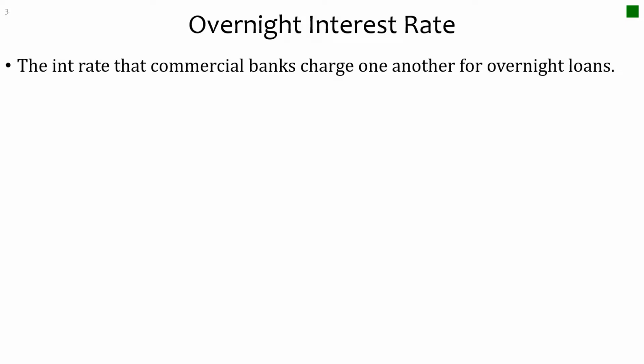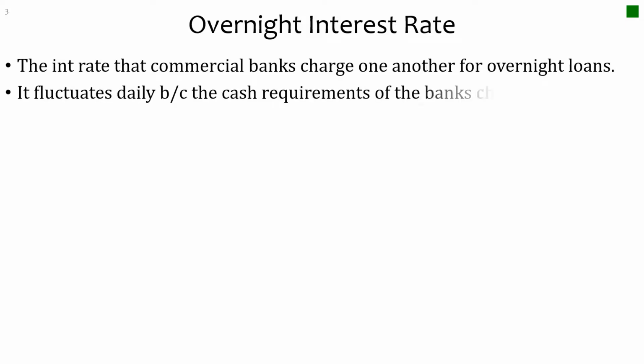The idea is that sometimes commercial banks need cash because they run out of reserves, or they have excess reserves so they can lend out. So they have these clearing transactions between each other every night. The interest rate that governs that is called the overnight rate, and that's determined by the central bank. That is how the central bank conducts monetary policy.